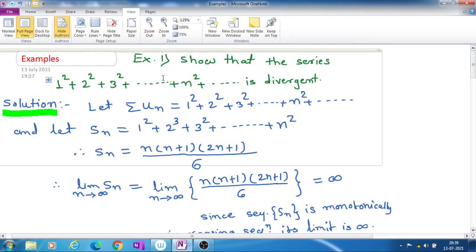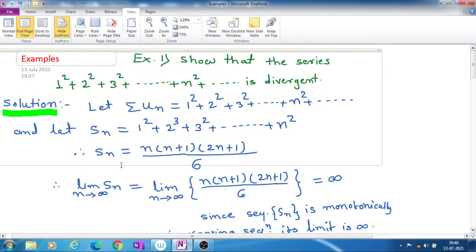So let us see an example here. Show that the series 1 square plus 2 square plus 3 square plus dash dash plus n square plus dash dash is divergent.